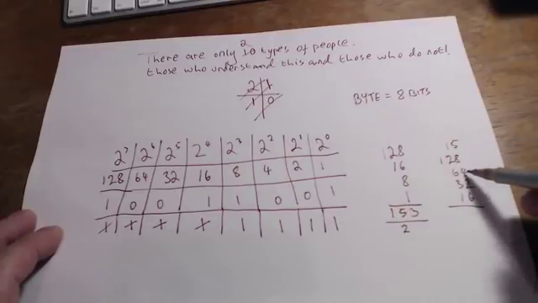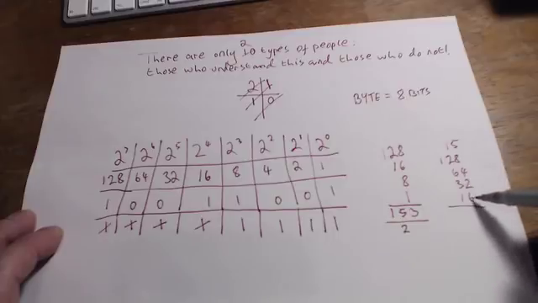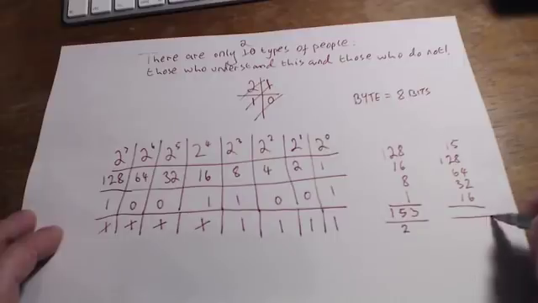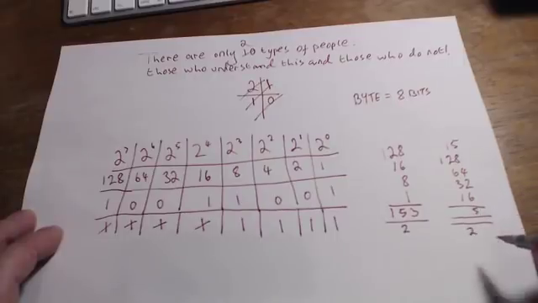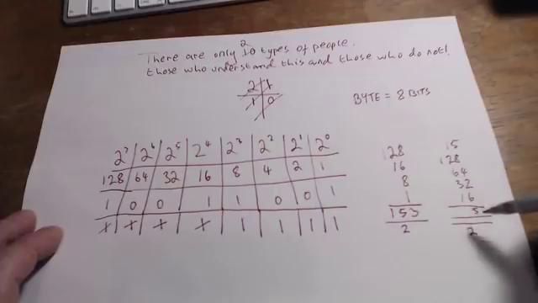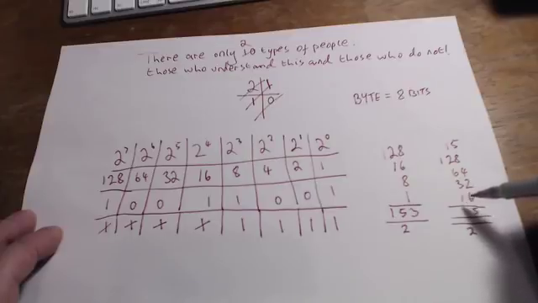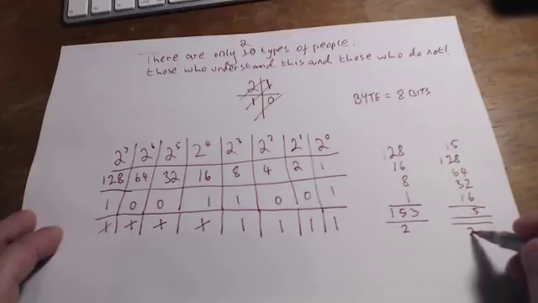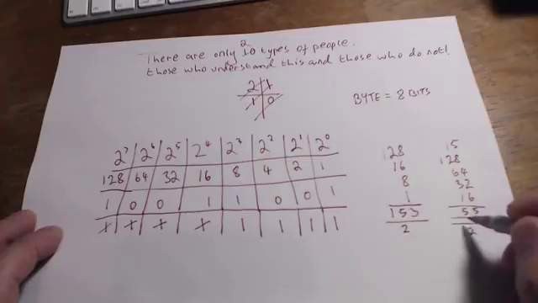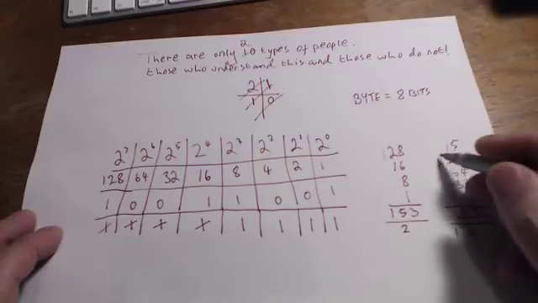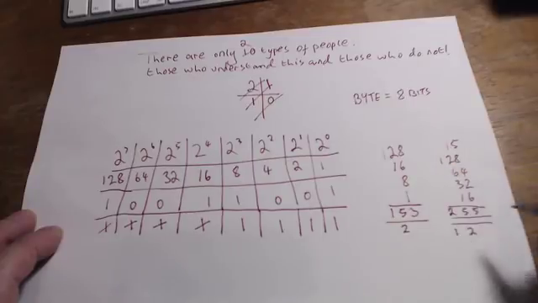And 4 is 17. And 2 is 19. And 6 is 25. So 5, carry the 2. 1 and 2 is 3, and 6 is 9, 3 is 12, and 1 is 13, plus 2 is 15, carry the 1, 1 plus 1 is 2. So 255.